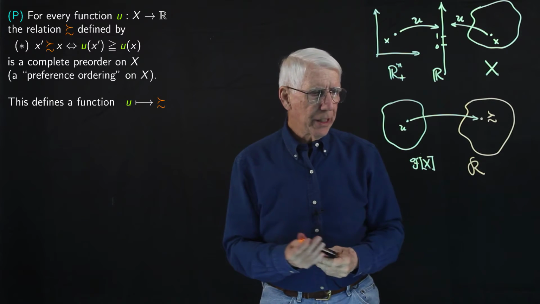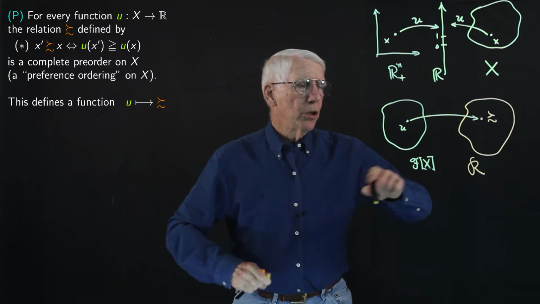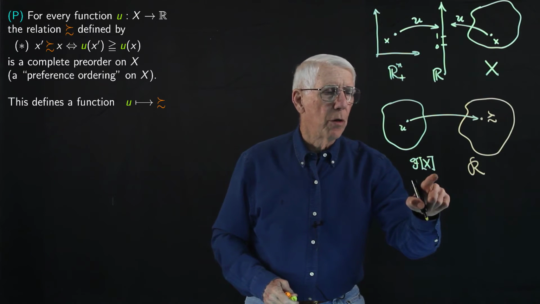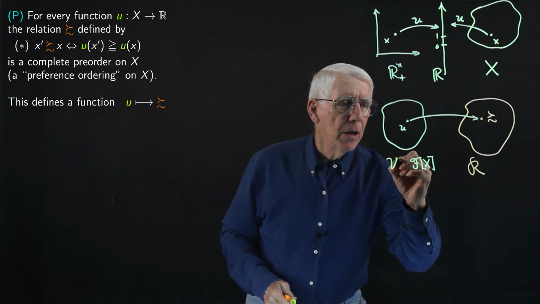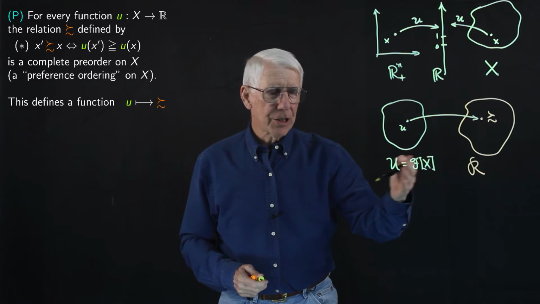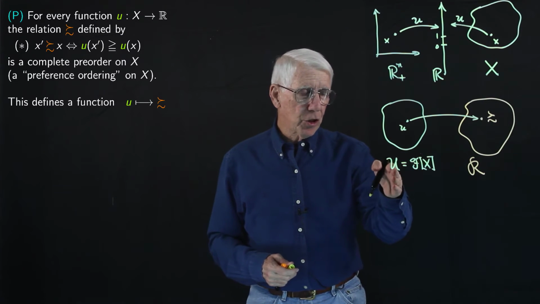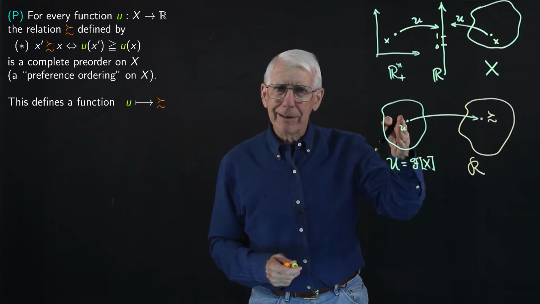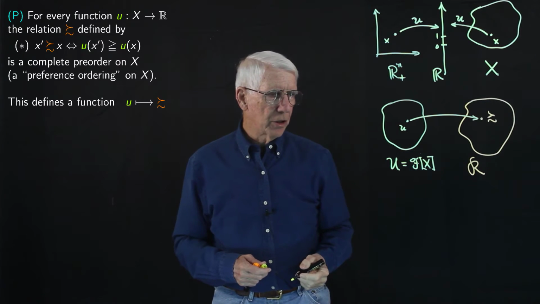And I'm actually going to use a shorter, briefer notation for this. I'm going to use a script U instead of F of X, but they're the same thing. And so script U, because this is the set of all little u's, the set of all utility functions.